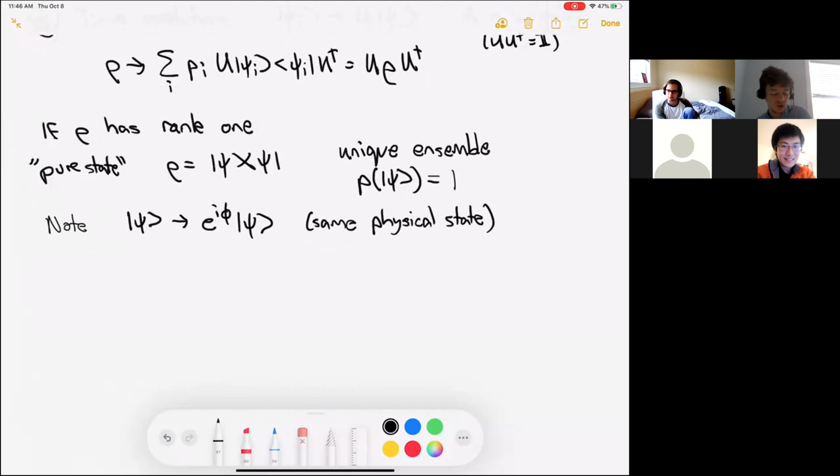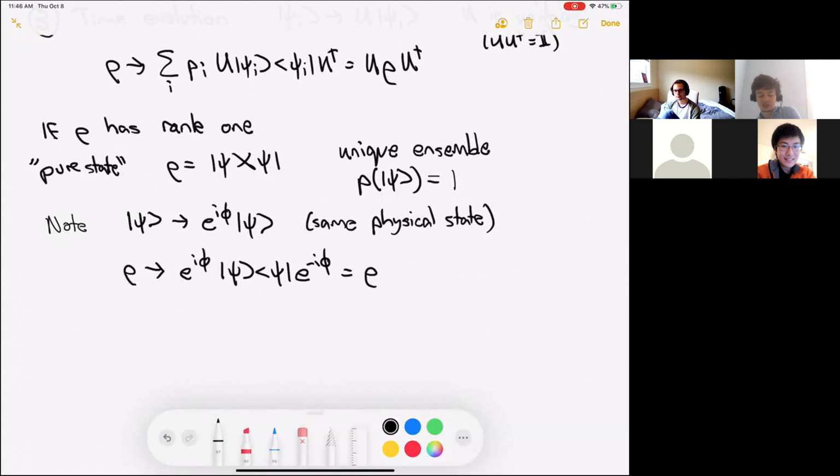The nice thing about using rho instead is that rho goes to e to the i phi times ket psi times bra psi times e to the minus i phi, which is of course just equal to rho. So there's no redundancy of description for rho.